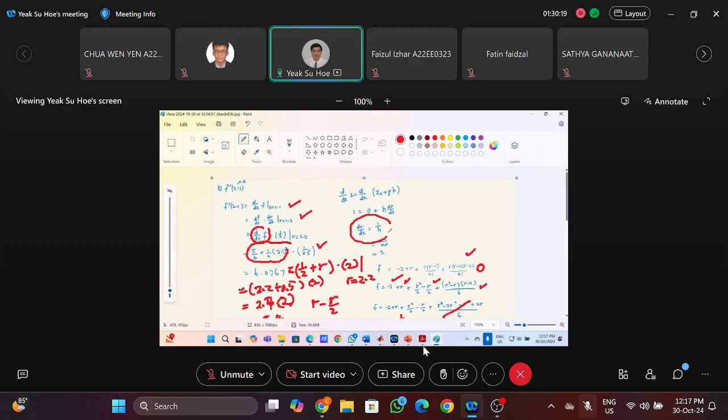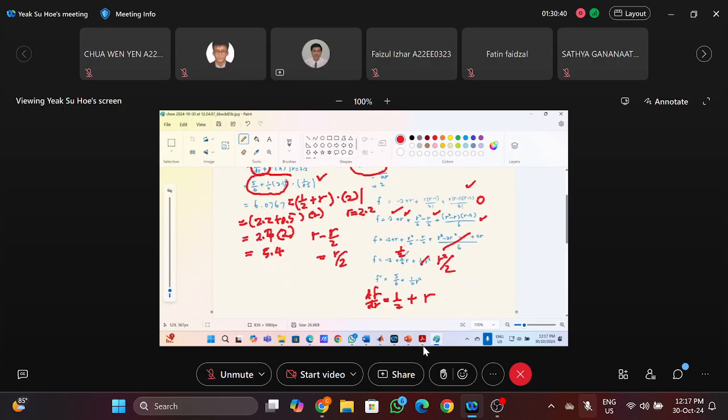So you multiply with this. And then you need to change to R. So when your x is equal to 2.1, then your R is equal to 2.2. You just substitute inside the R. This one is wrong. You need to use this, because this part is 0. So you substitute inside, then you get 5.4.